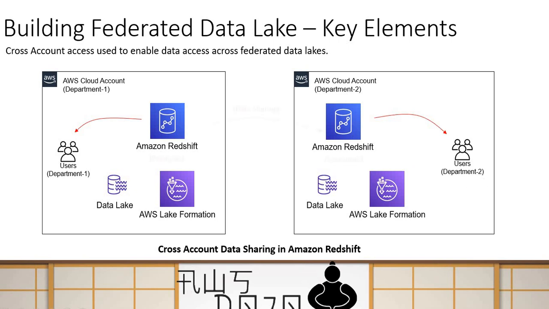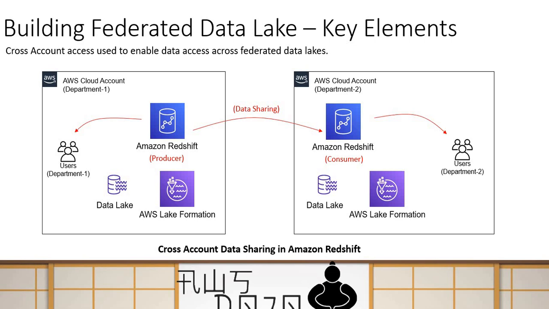But there is a requirement where department 2 might want to access some data from department 1 Redshift. In that case, you are talking about again cross-account data access in Amazon Redshift, and that is also possible through a feature in Redshift called data sharing.